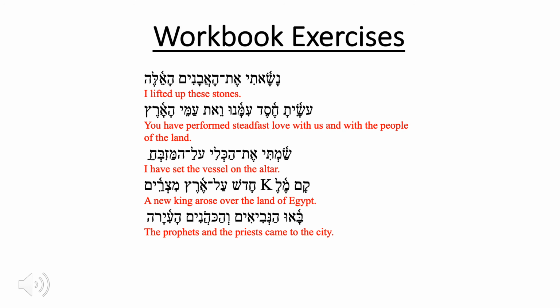You can tell that it is not the 3FS ending because a 3FS ending ends in a hey, in a consonant, and would have drawn the accent. Instead, the accent remains on the second to last syllable, so that this is ha'ira, not ha'ira. Again, a directive hey. Something to keep in mind, especially when we're talking about verbs related to direction and travel. The priests, the prophets, they came to the city.